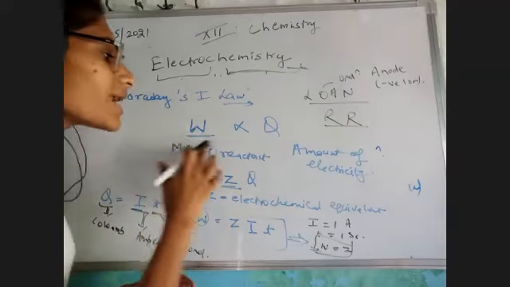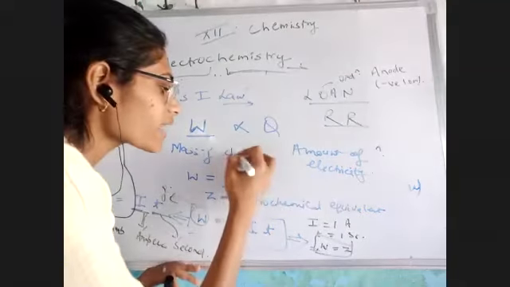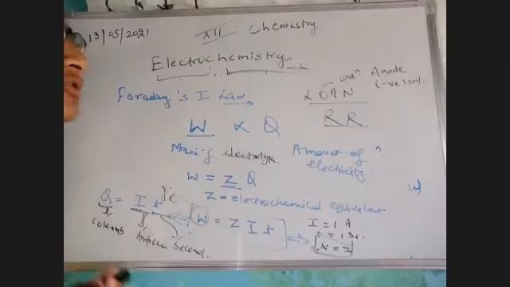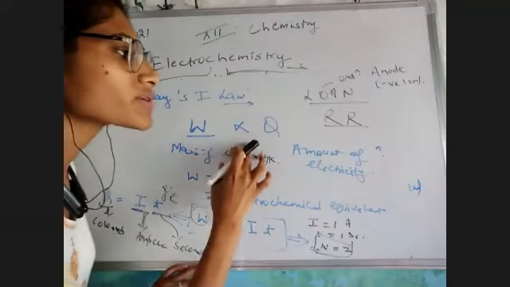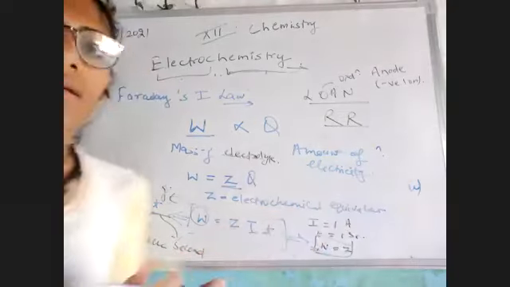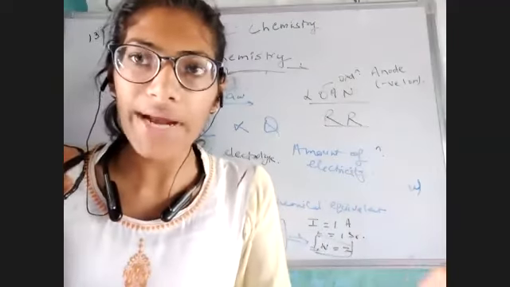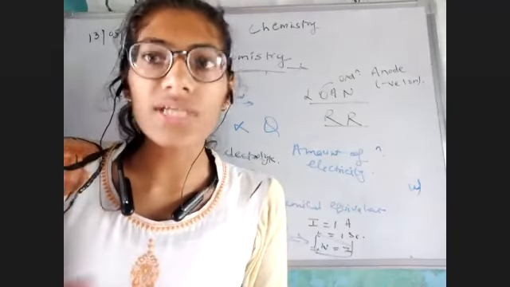It says the mass of electrolyte deposited, or we can say dissociated, is directly proportional to the amount of electricity. That means how much electricity I am providing, that much electrolyte is dissociating.